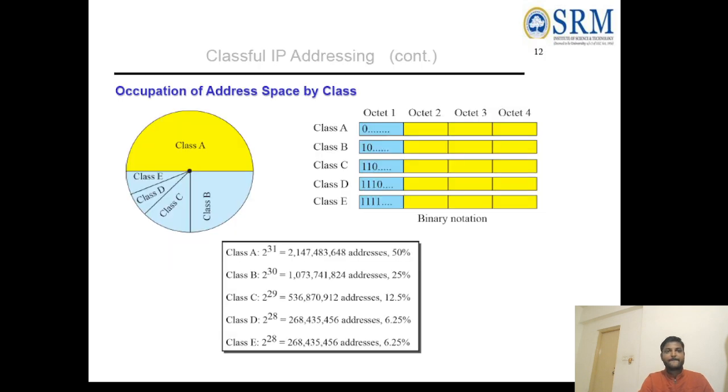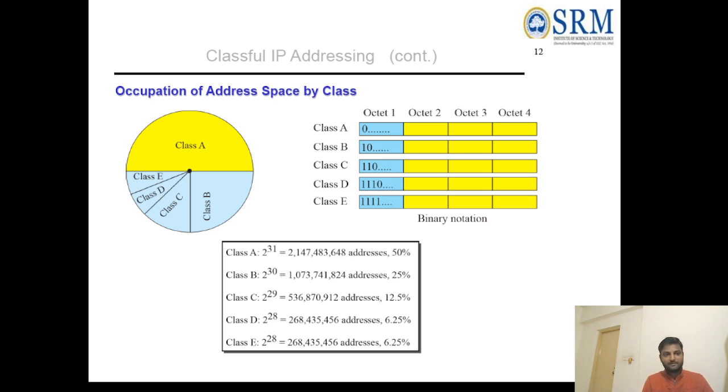Now we can see the size of each class. Class A has 2 to the power 24 number of hosts, 50% of the entire addresses belong to class A. Because the first bit is 0, we cannot change it.